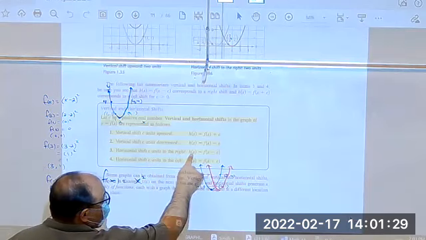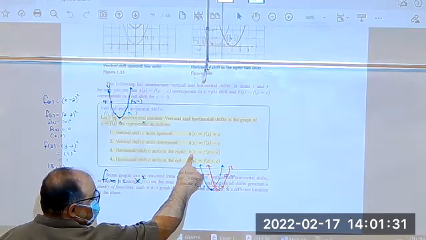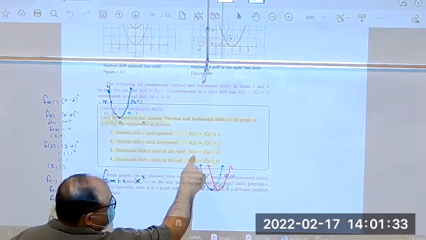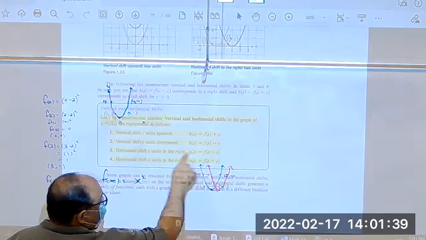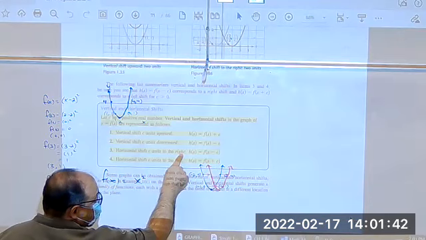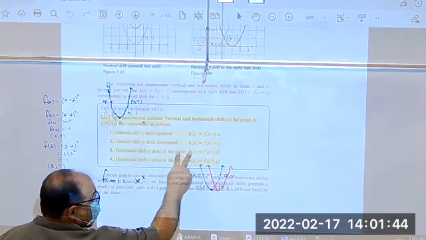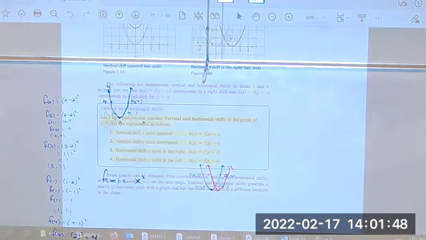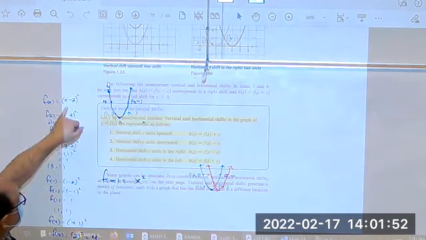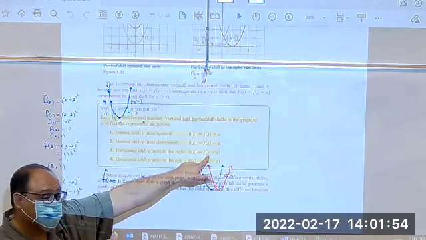If the original graph is h of x, if I replace this x with x minus c, then the graph is going to go to the right. Because it's a minus, it's going to go to the right c units. Because the c that we actually plugged in, it's a built-in negative. The formula has a built-in negative.